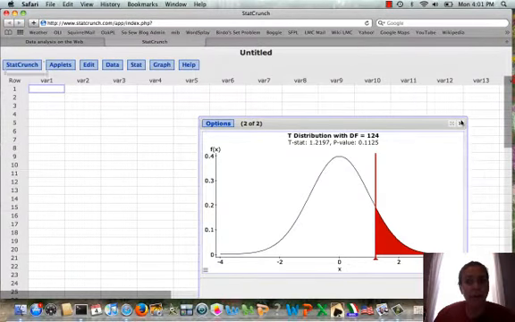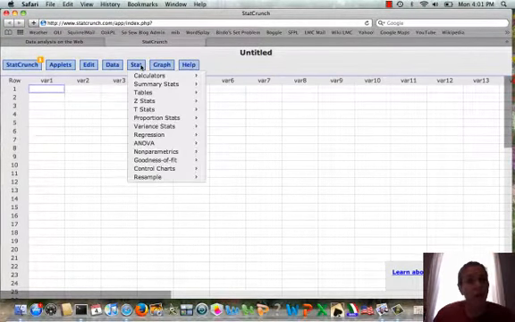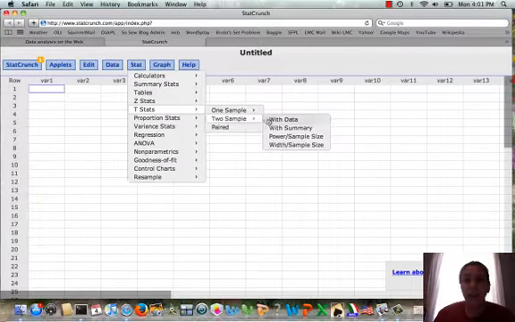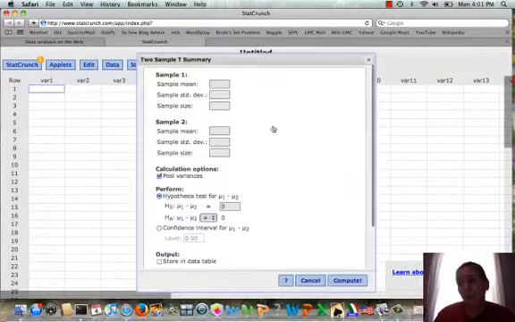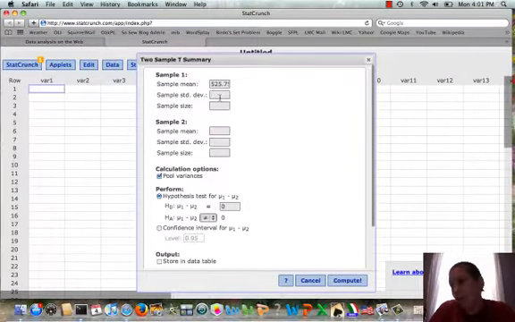So in StatCrunch, you can exit out of the old results. We go to Stat, T Stats, Two Sample, With Summary because we're given the sample means and the sample standard deviations. So for sample mean 1, we put in the values for the first group. It does not matter if you reverse the groups, just know that you will get a negative t-statistic.